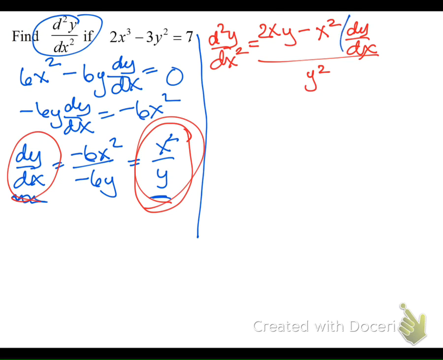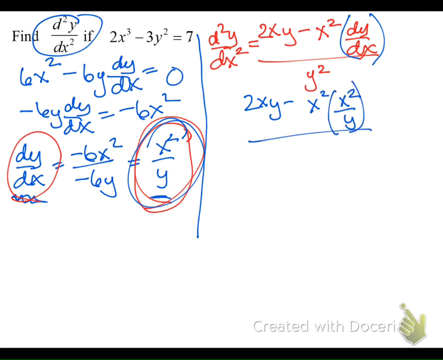Take that dy/dx and replace it with what dy/dx equaled. So I have a 2xy minus an x squared times x squared over y, all over y squared. Smush this together, multiply across, it'll be an x to the 4th over y. So I have 2xy minus x to the 4th over y, all over y squared.